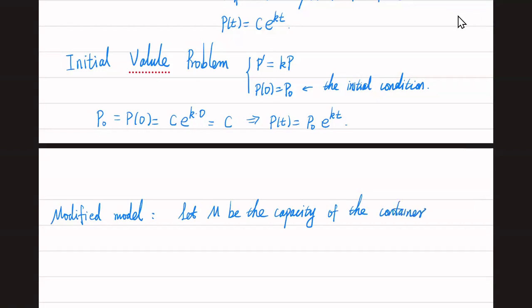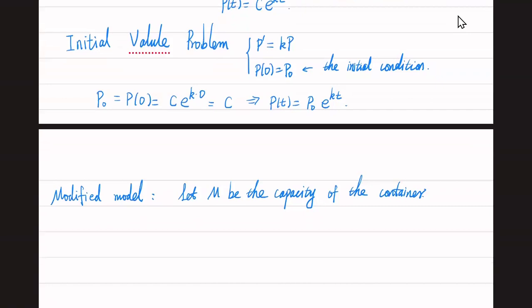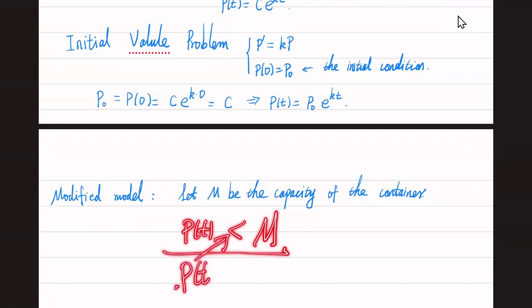Okay, so the maximum number of virus it can sustain. For example, if the population is less than M, that means we have room to increase. If the population already exceeds M, this is kind of overcrowding, the number will decrease.